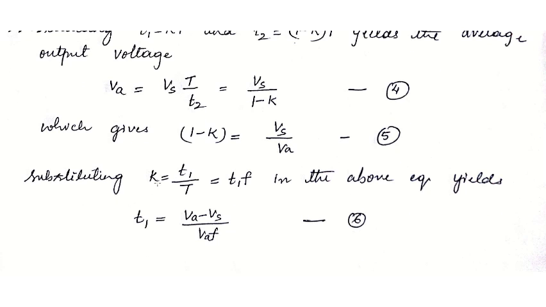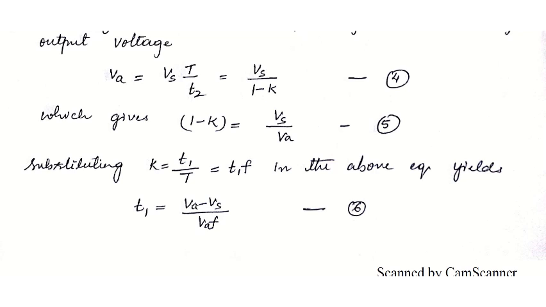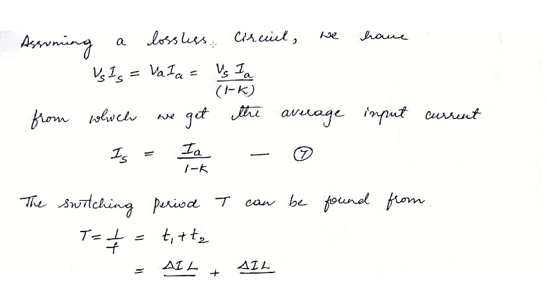Now substituting K, the duty cycle, is equal to T1 by T, which can be written as T1 into F, in the above equation we will get T1 is equal to (Va minus Vs) by Va F. Let us call it equation number 6. Now, assuming that the circuit is lossless, the input power will be equal to the output power, which can be written as Vs Is is equal to Va Ia.